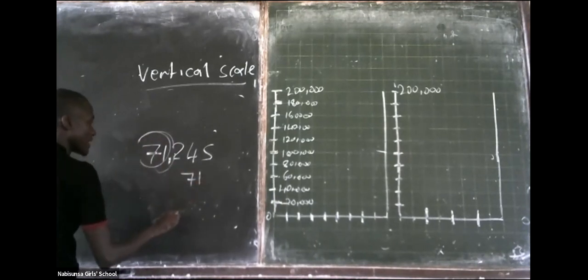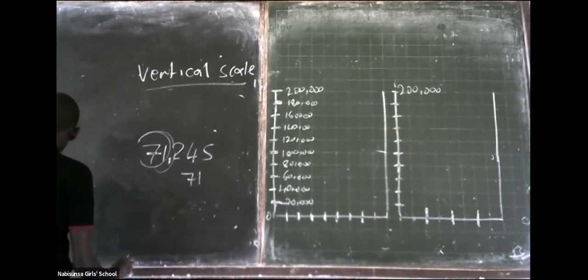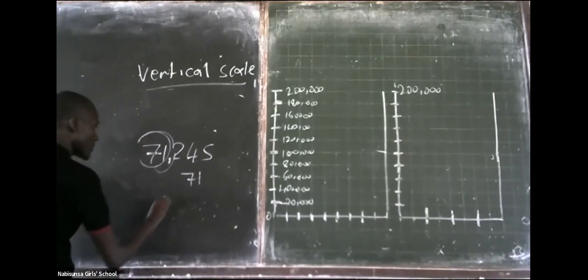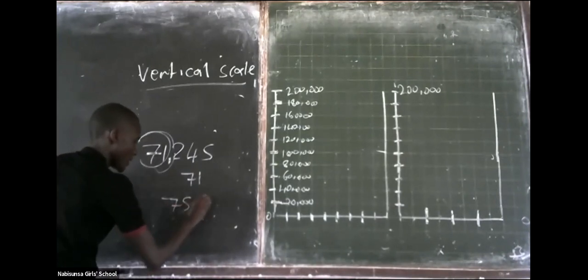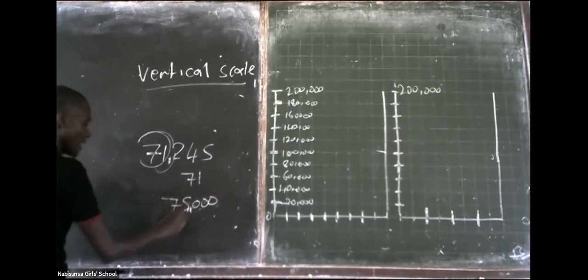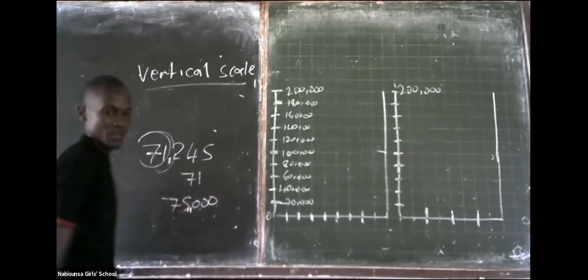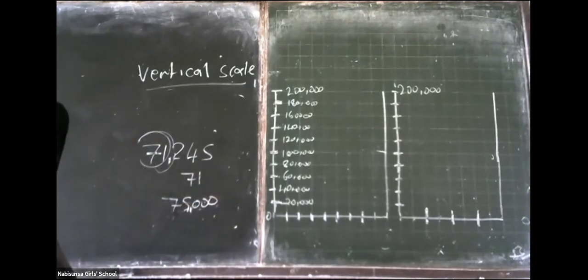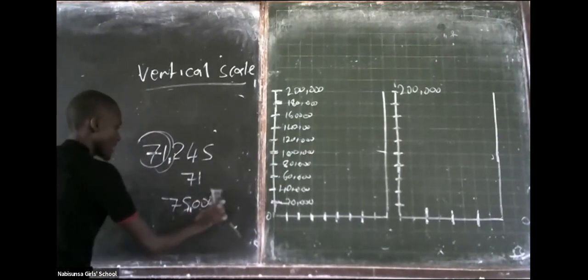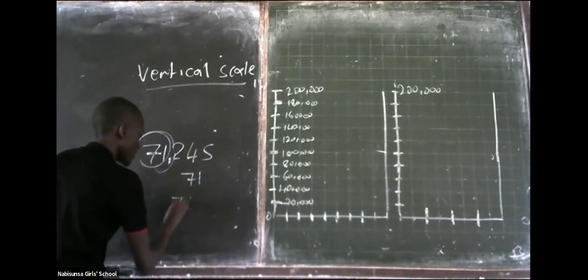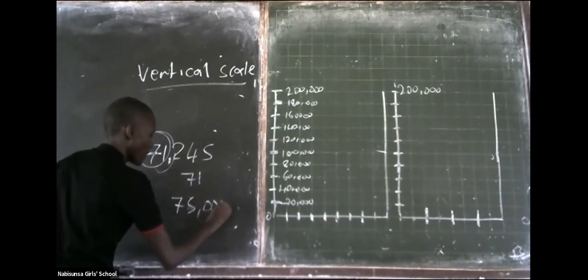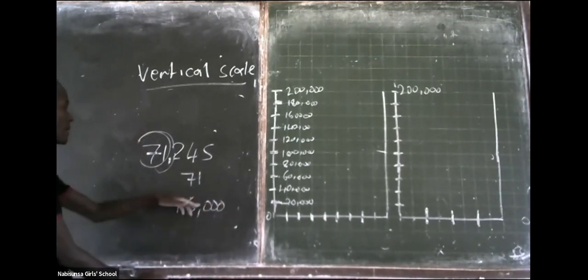We change it to what? 75. We say this amount. Now this amount, 75. So the remaining numbers, we assume that they are zeros. 75,000. This is the highest amount now.